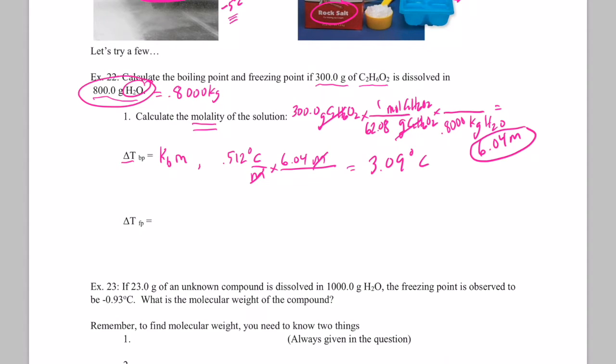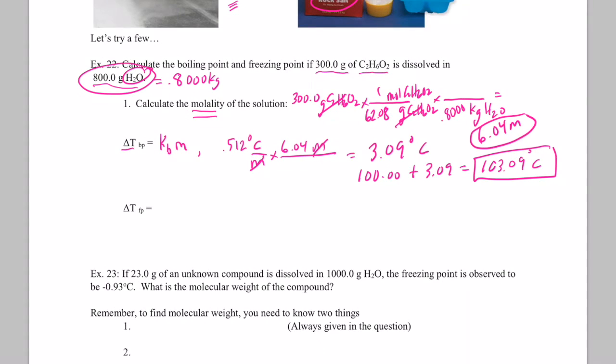Now my normal boiling point of water is 100. I'm going to add to that the boiling point elevation, so the boiling point of my solution will be 103.09 degrees Celsius.